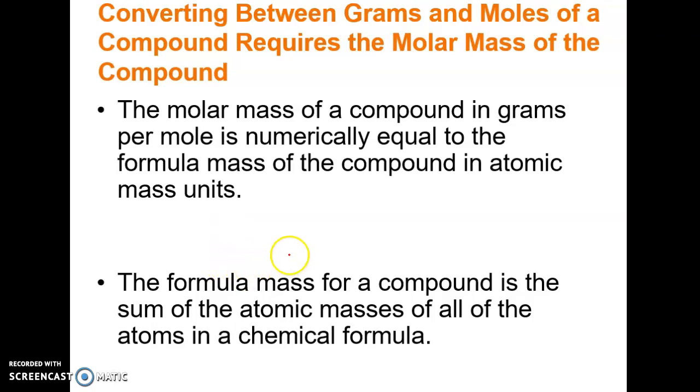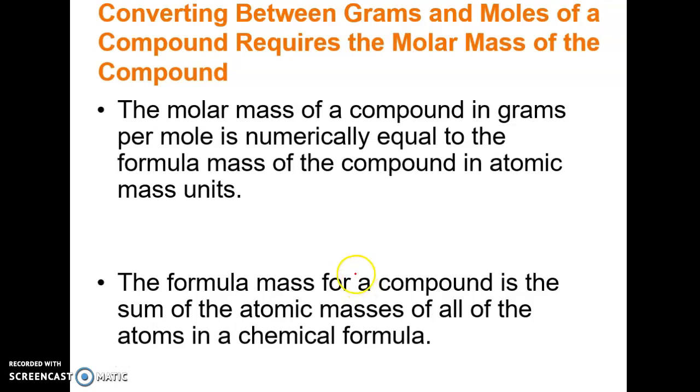The formula mass for a compound is the sum of all of the atomic masses of all of the atoms in the chemical formula. So for NaCl, you would look at the periodic table and see what is the molar mass of sodium and what is the molar mass of chlorine to determine the molar mass of NaCl.